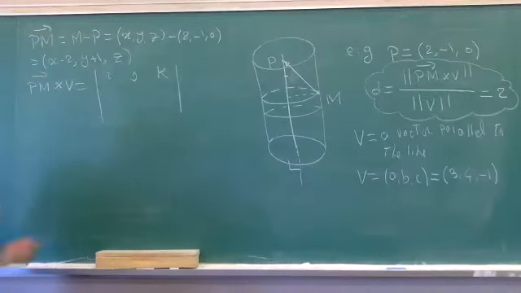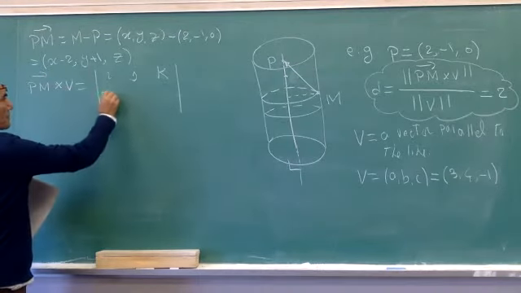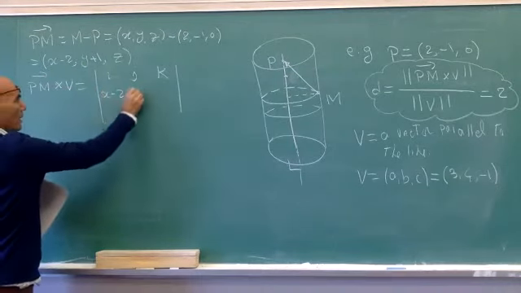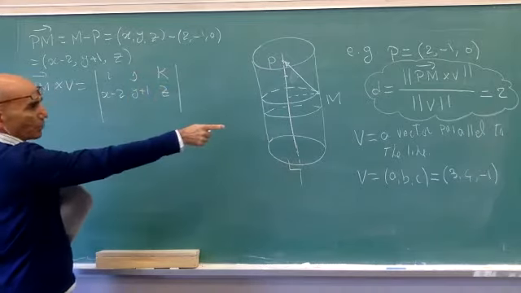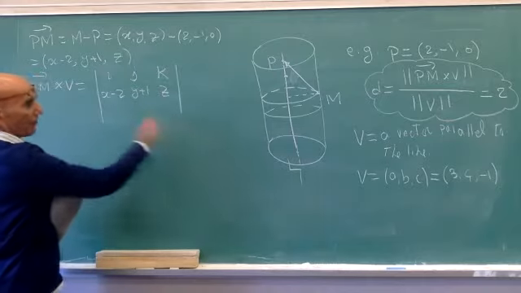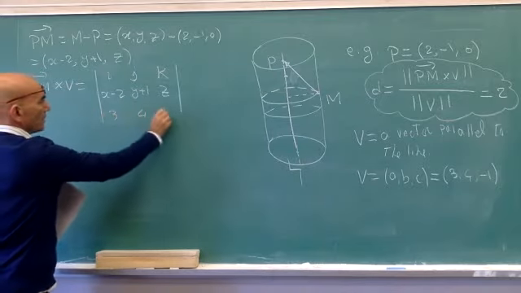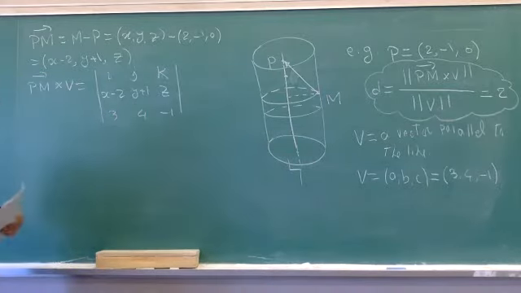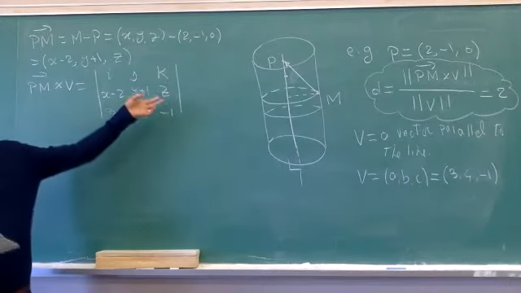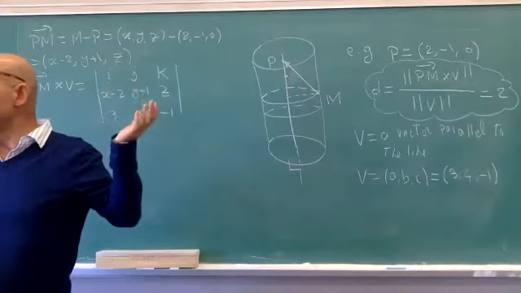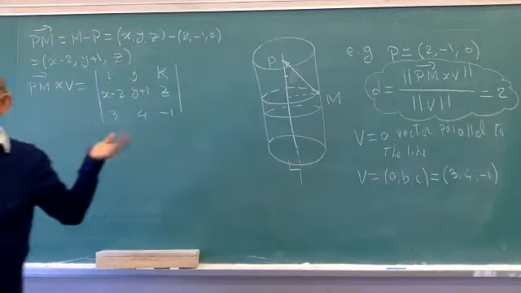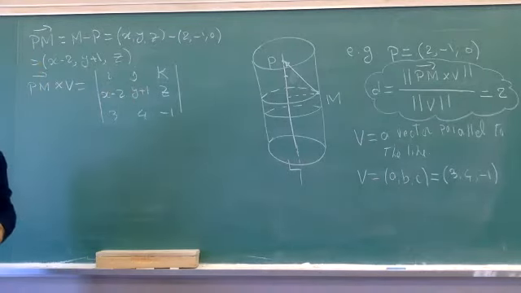And then we have X minus 2, Y plus 1, Z. And V, we have V: 3, 4, minus 1. So you should just think of X minus 2, Y plus 1, and Z as numbers, and then carry the calculation of the determinant as usual. There's no difference. This X, Y, Z makes no difference.